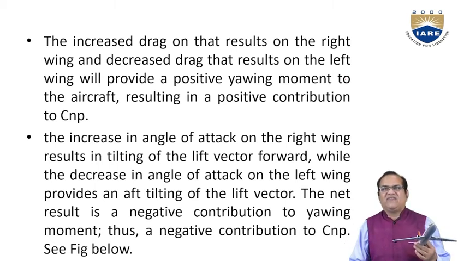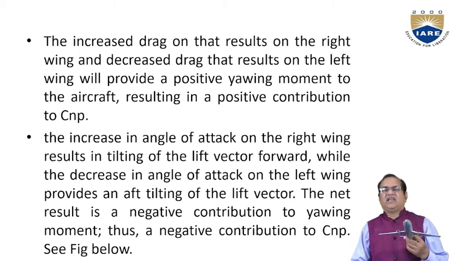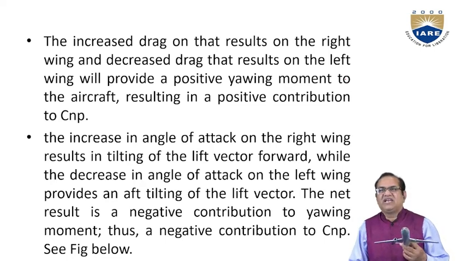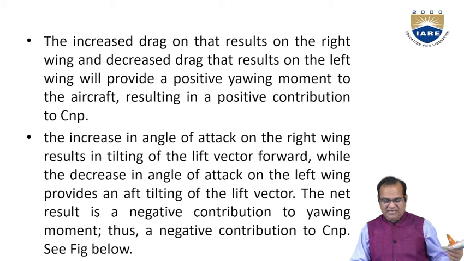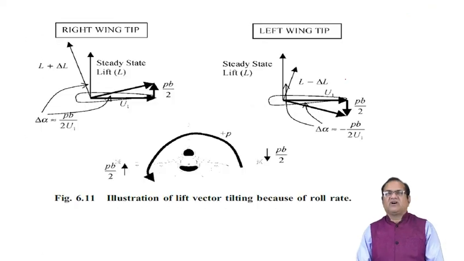The increase in angle of attack on the right wing results in tilting of the lift vector forward, while the decrease in angle of attack on the left wing provides an aft tilting of the lift vector. The net result is a negative contribution to yawing moment, thus a negative contribution to Cnp. So there is a negative contribution to Cnp by the other effect.